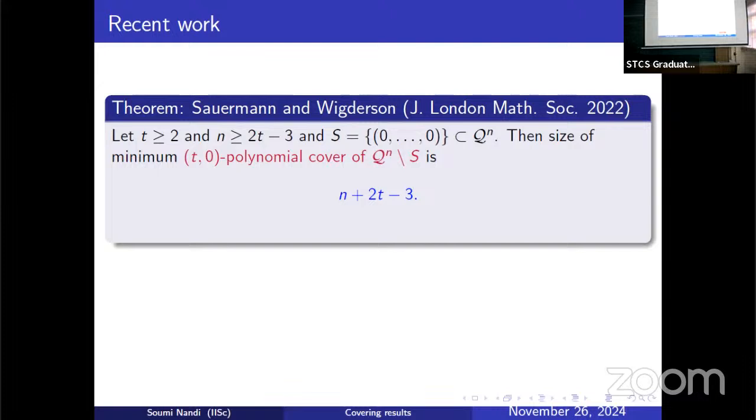That is, there exists a polynomial of degree n plus 2t minus 3 which vanishes at every nonzero point at least t times and does not vanish at the origin.